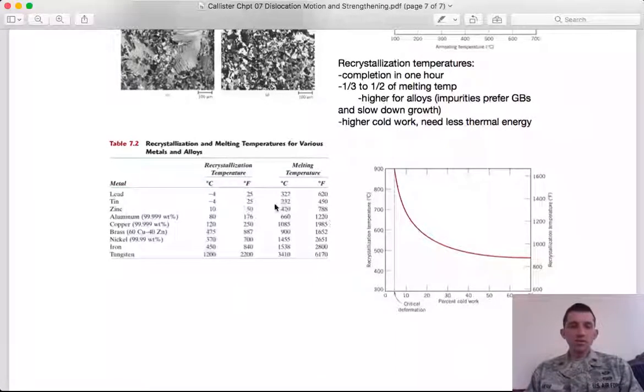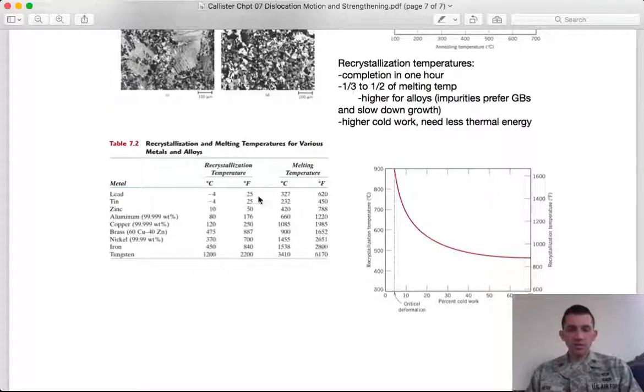So if you say 1/3 to 1/2, just using an example, say here for lead, we have the melting temperature, 327, so you add 273, that's about 600, and then the recrystallization temperature is right around 0, which would be 270 or something. So that is less than half in this range here.